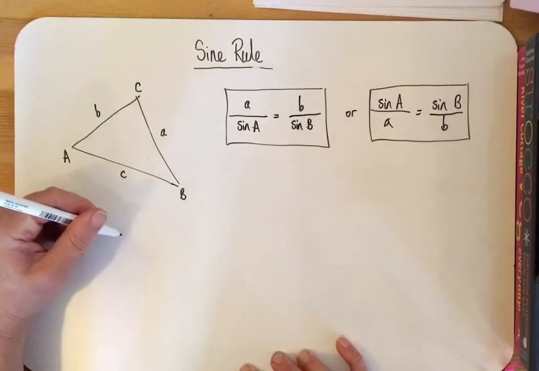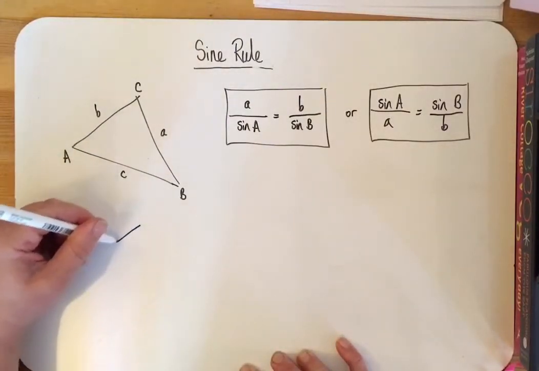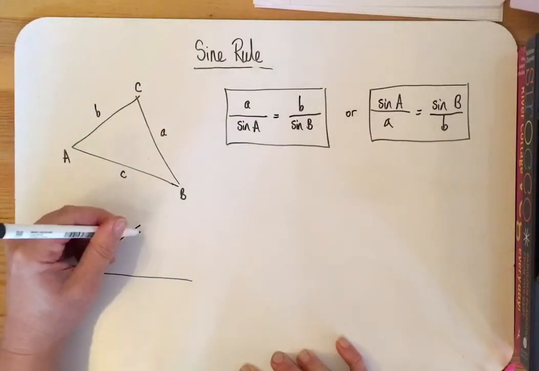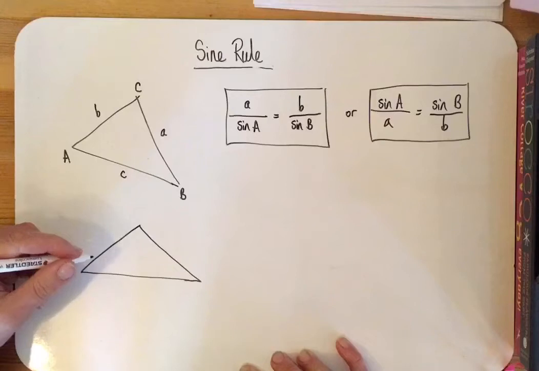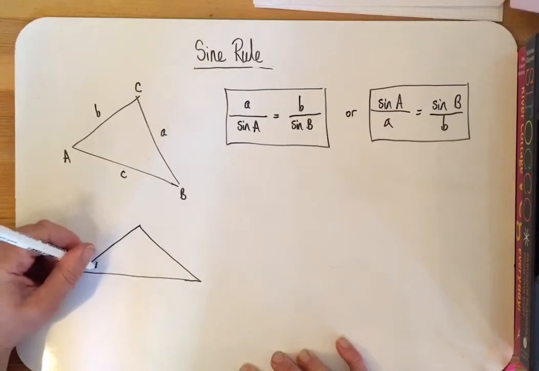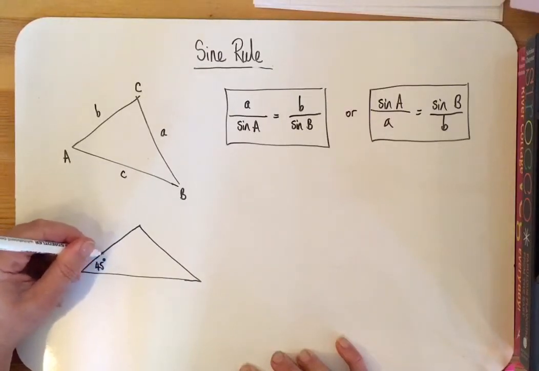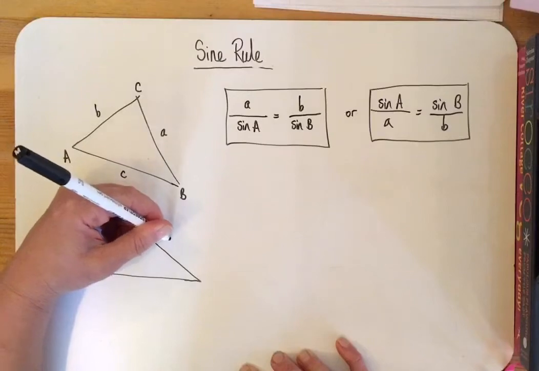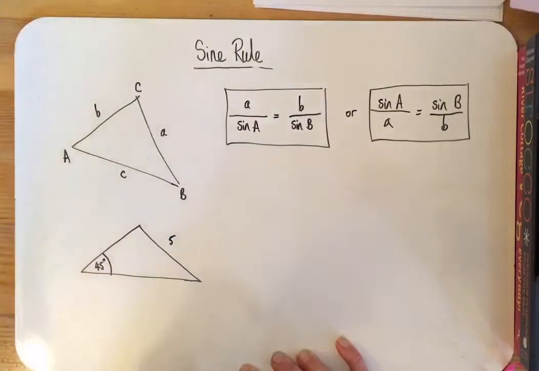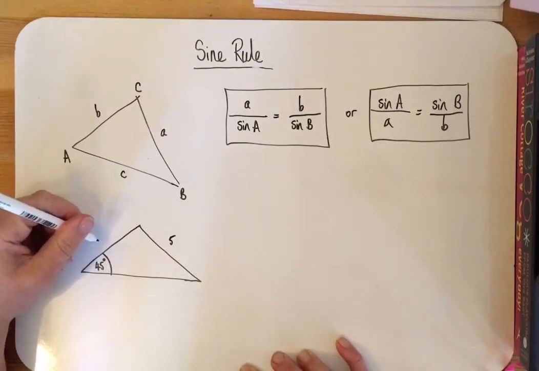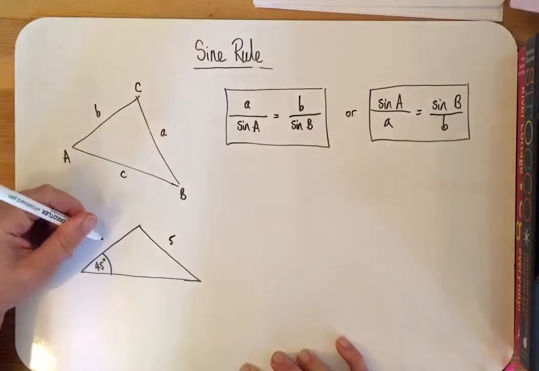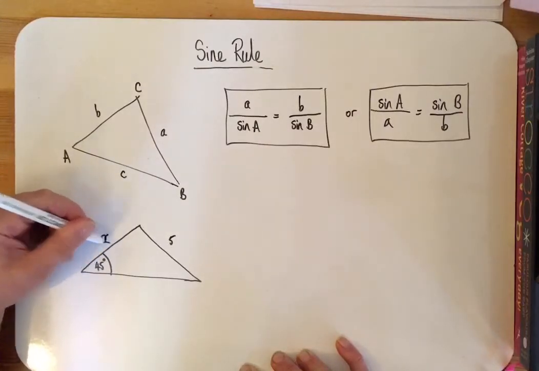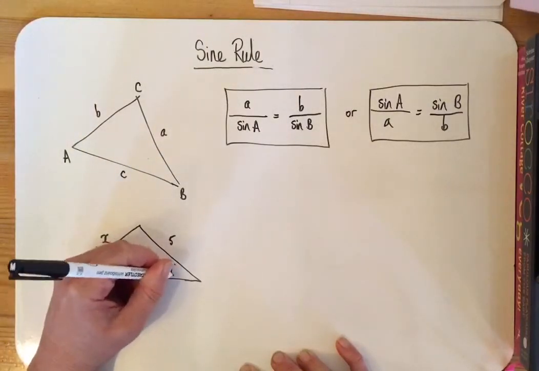So if you're in this sort of situation here, where I know this angle is 45, this length is 5, and I want to find x, and this angle here is 60.